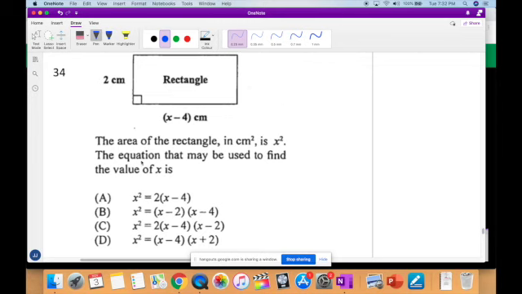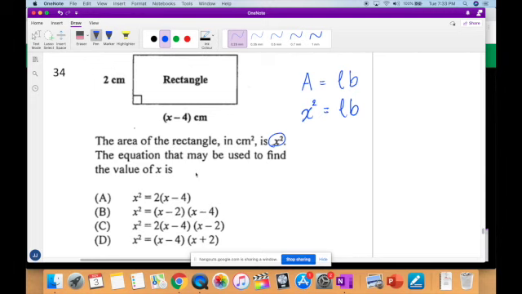Right. So the area of a rectangle, what do I know about the area of a rectangle? It's length by breadth. Yeah? And they're saying here that the area of the rectangle is x squared. So x squared is the area, and that is length by breadth.